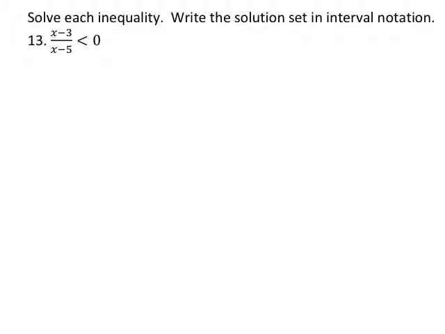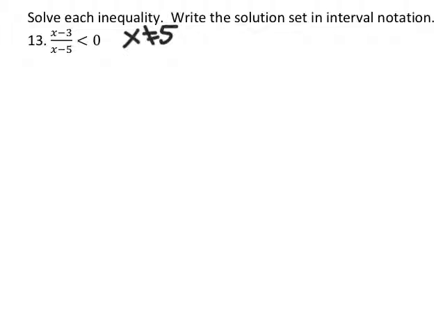Alright, for 13, we're going to solve this inequality. Right off the bat, we can see that x can't equal 5 because it's in the denominator. But we also need to make sure that this is all less than 0. So, now that we know that, we can just look at the numerator and figure out what that is.